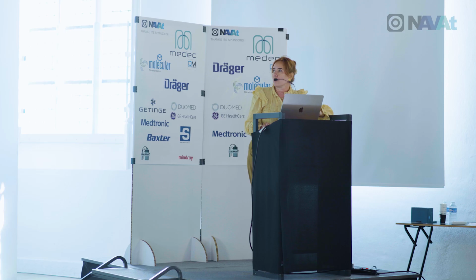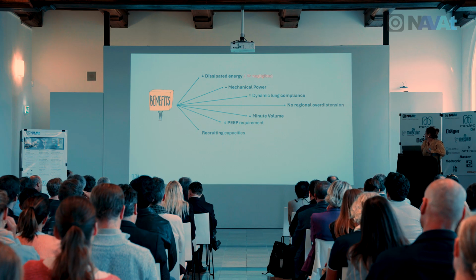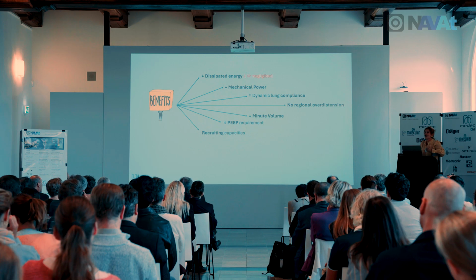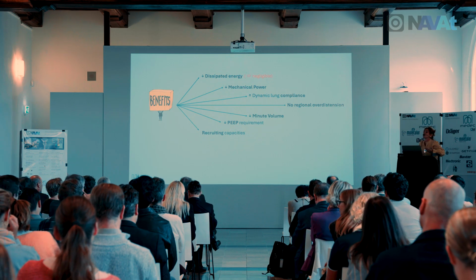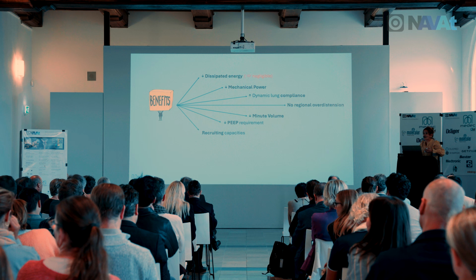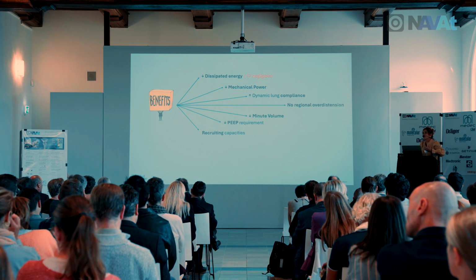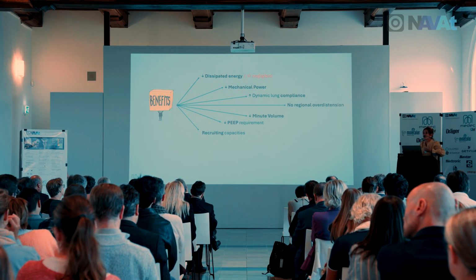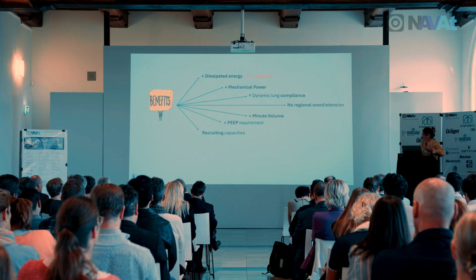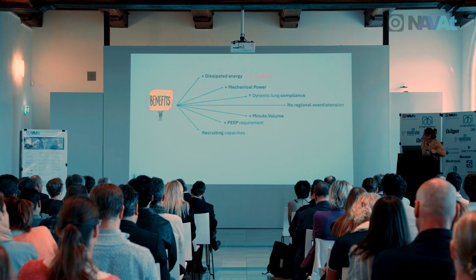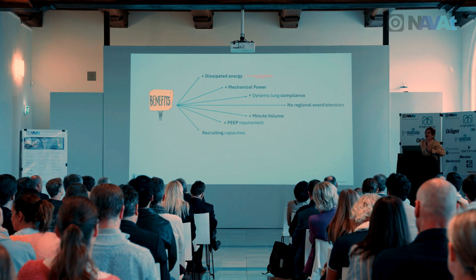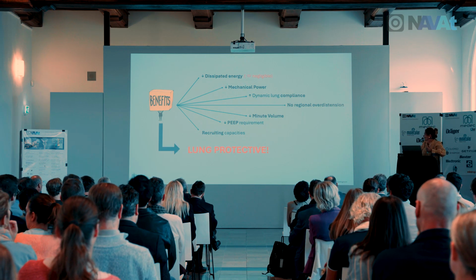It is also associated with less mechanical power and better compliance, it is a more efficient way of ventilating, and it has recruiting capacities. So you don't have to recruit your patient anymore because the machine will do it for you. In that way, you have to consider flow-controlled ventilation as a kind of lung-protective ventilation.